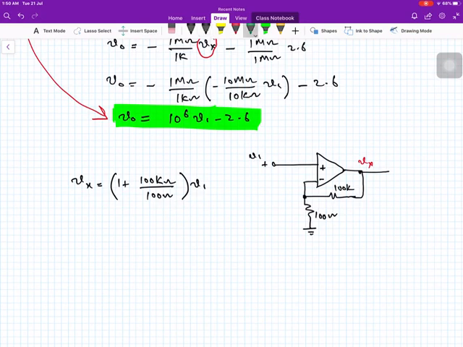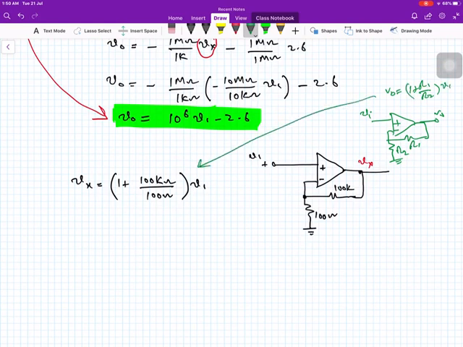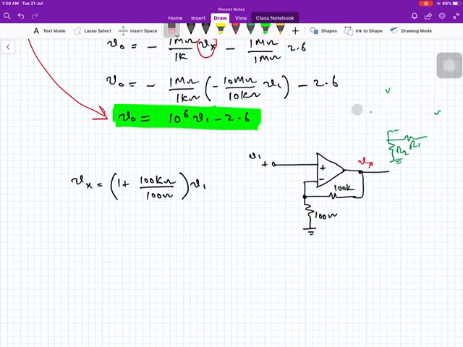It was like this: this is Vi, and this was R1 and R2, and this is VO, and VO was 1 plus R1 over R2 times Vi. So it is the same thing: 1 plus 100k divided by 100 ohm. You can see the textbook or my previous lecture just to recall.